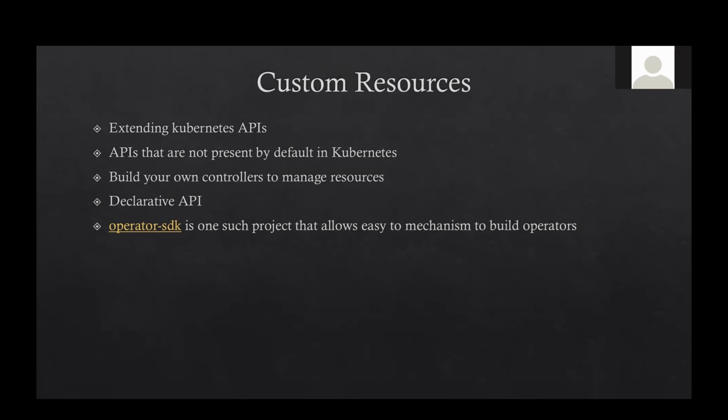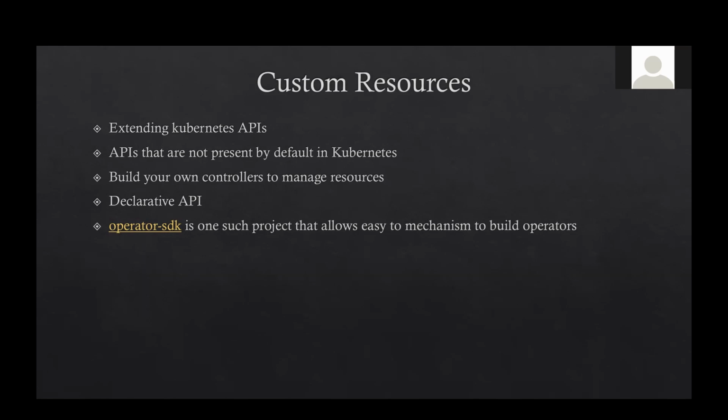You can use your own controllers to manage these resources. There is a declarative API for that. The most famous project for doing that is Operator SDK. It's one of the most extensively used projects in the Kubernetes ecosystem for Kubernetes extensibility.